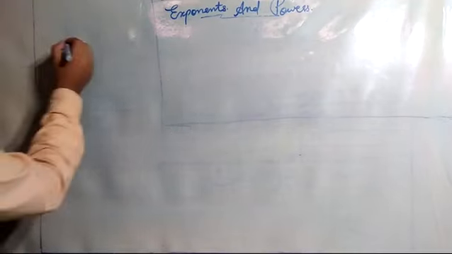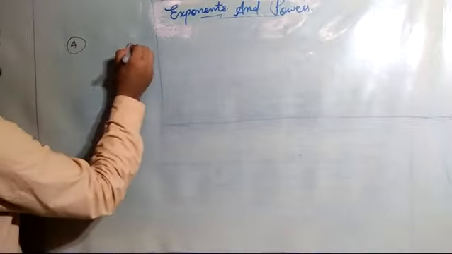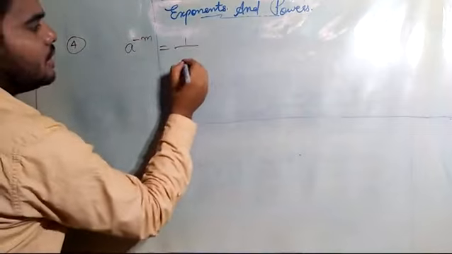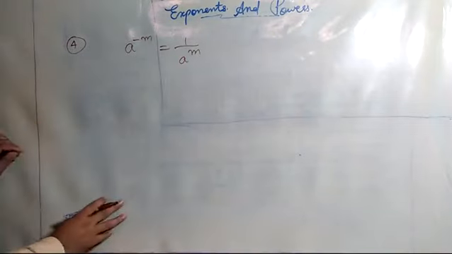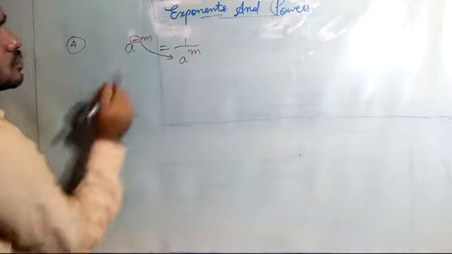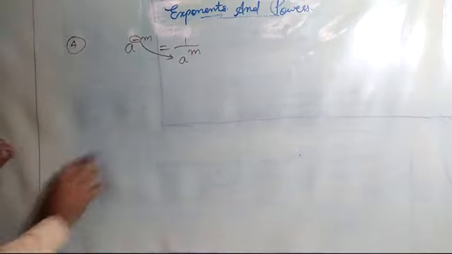Now the fourth law says that a raised power minus m can be written as 1 by a raised power m. Why? I told you minus means division, so it will go in the denominator.